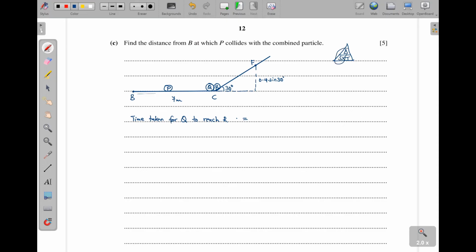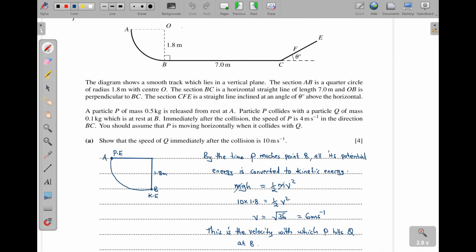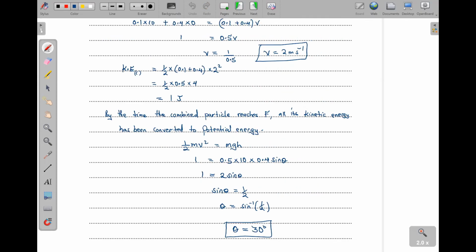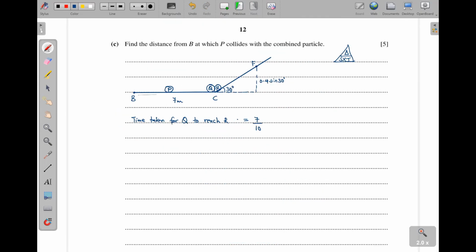So we shall have distance over the speed. So the distance is 7. The speed of Q after collision with P, what did we get? After collision with P, the speed of Q was 10. You see this one here? Was 10. Now, we can go back and we put 7 over 10, which is actually 0.7 seconds.